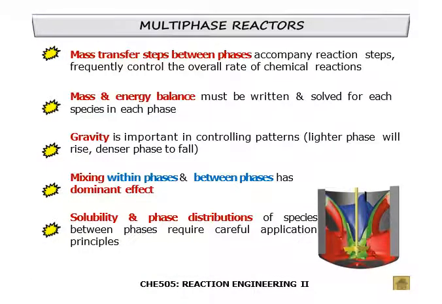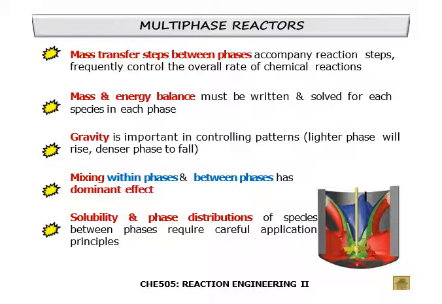So in multiphase reactors, mass transfer usually happens with reaction steps, and mass transfer usually controls the overall rate of chemical reactions in a multiphase reactor, especially in big reactors.